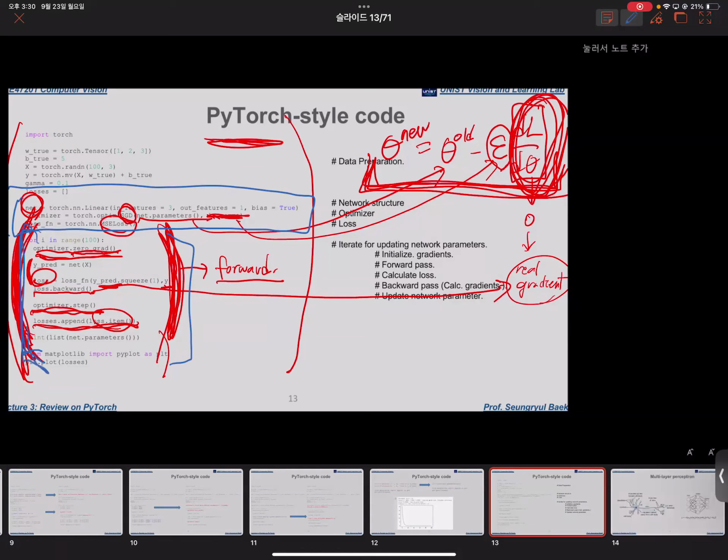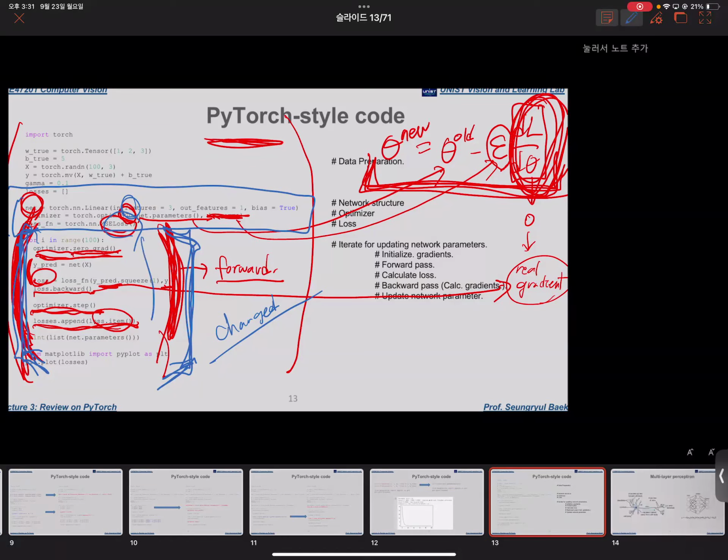So this actual gradient descent update code does not change much, even though your architectures are changed, or your data are changed, or the optimizer you use is changed, or the loss function is changed.